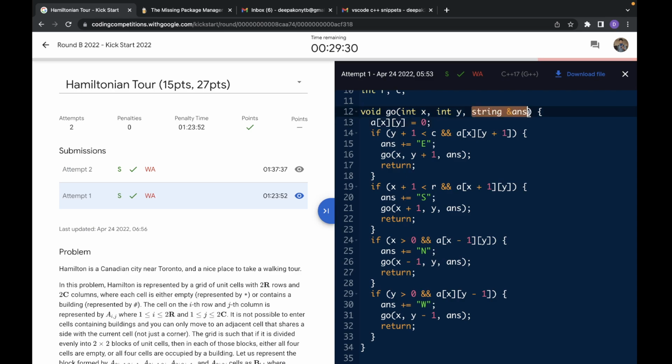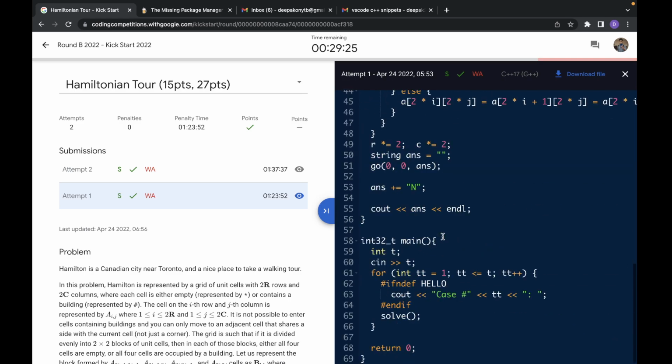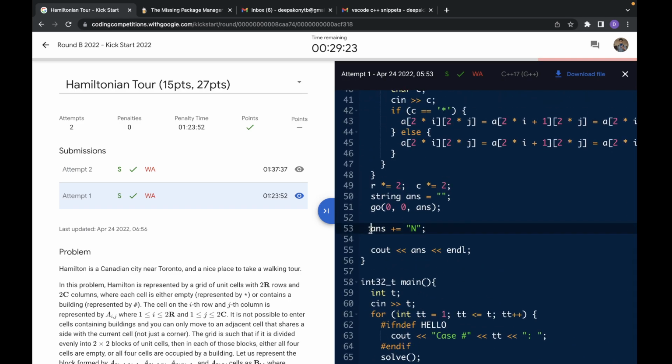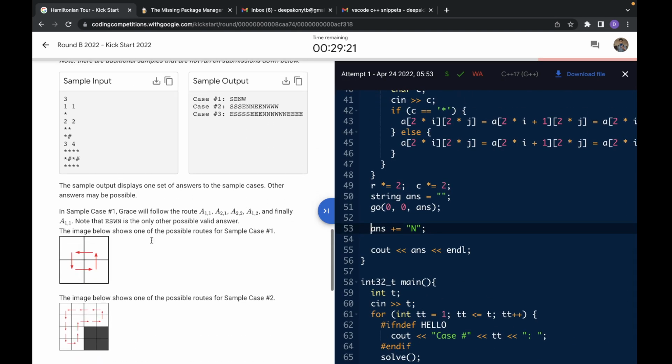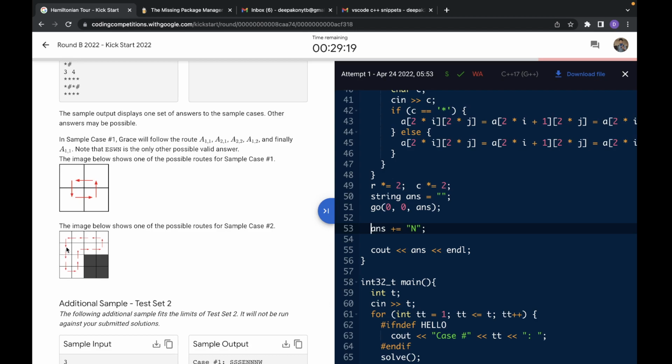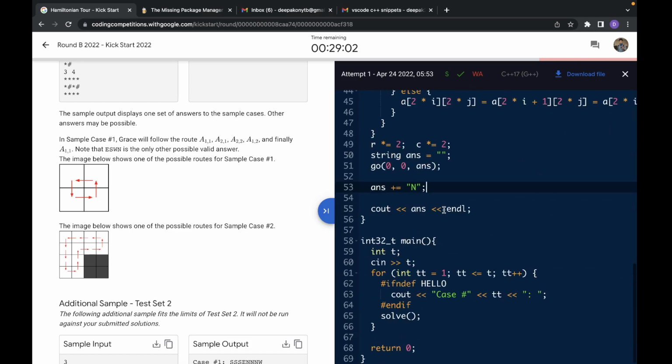I'm passing my answer as a reference, so I append a new direction every time. I analyzed this by drawing a few examples, and then I realized that at the end I'll be here, and then I just have to move one step toward the north. So that's how I solved the first test set.